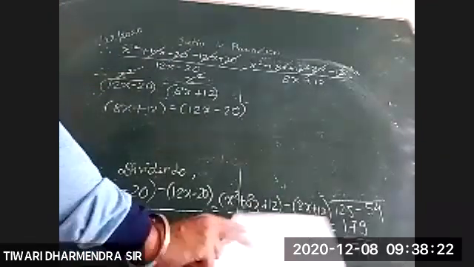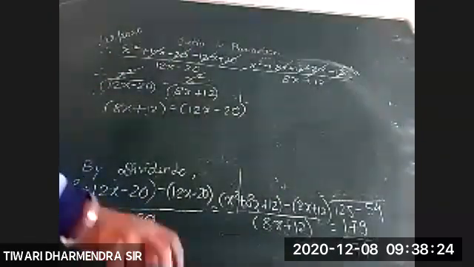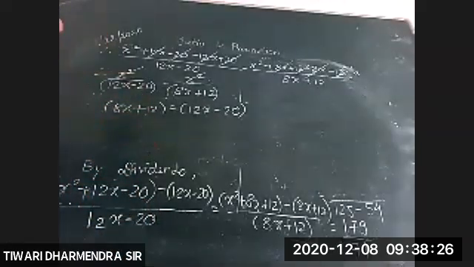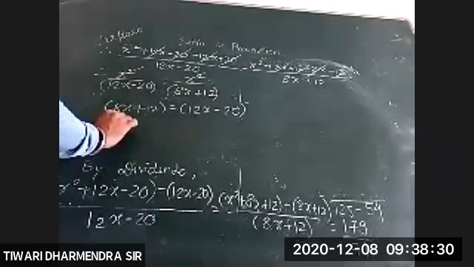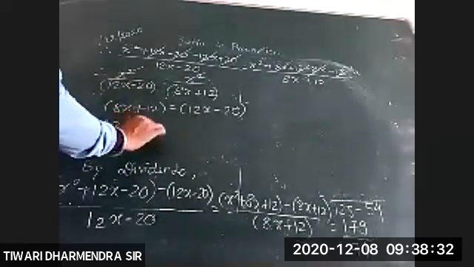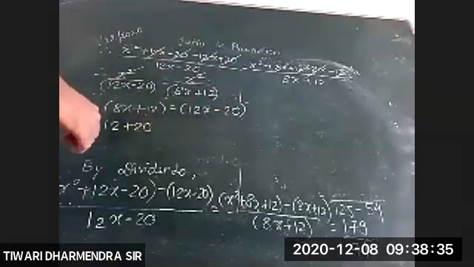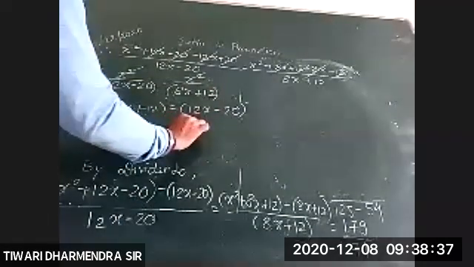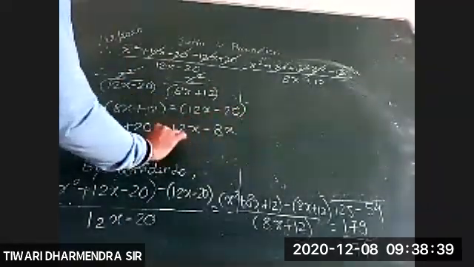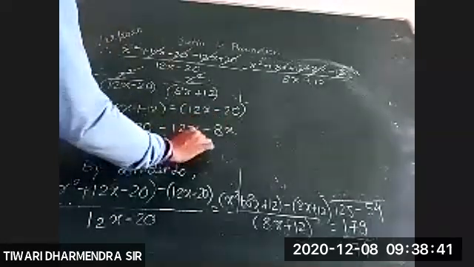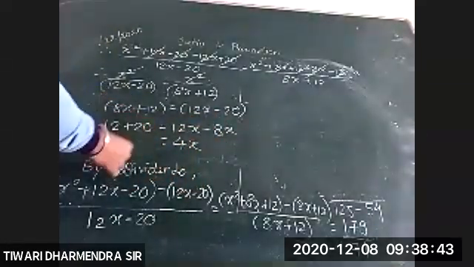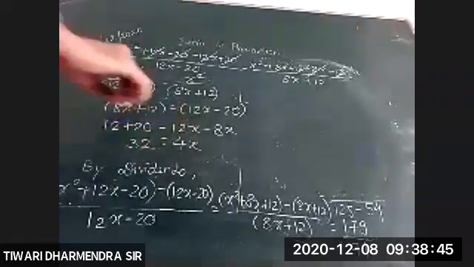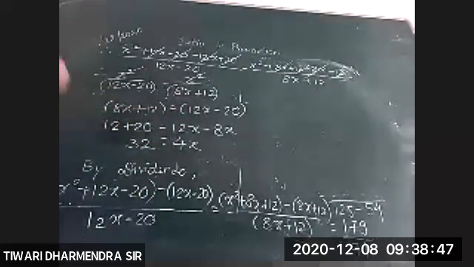Yeah, so what do we get? Taking terms of x together and constant term together, 12 plus 20. Taking 20 to left hand side becomes positive, equal to 12x minus 8x. 12x minus 8x is 4x, and here 12 plus 20 is 32.